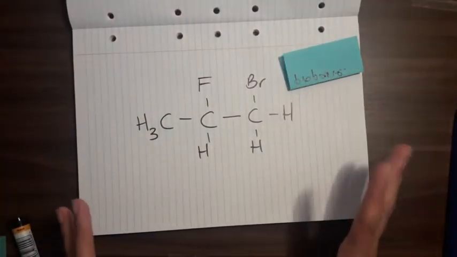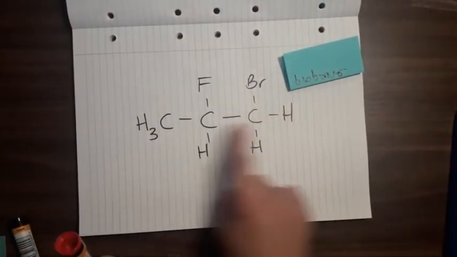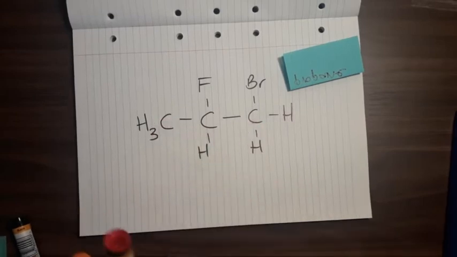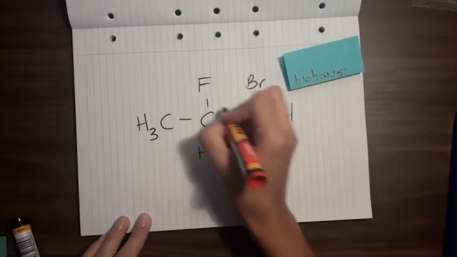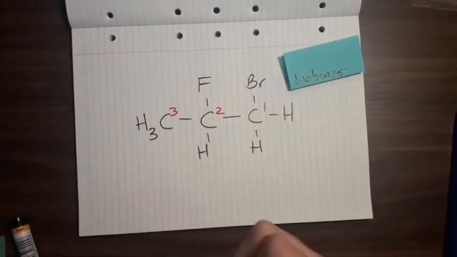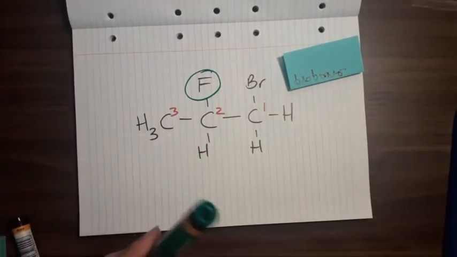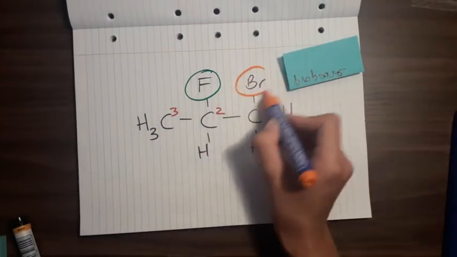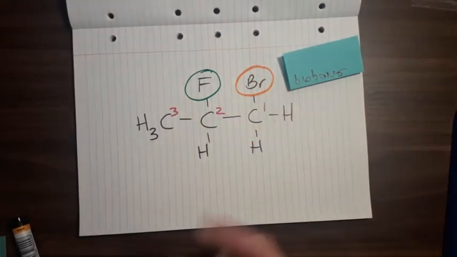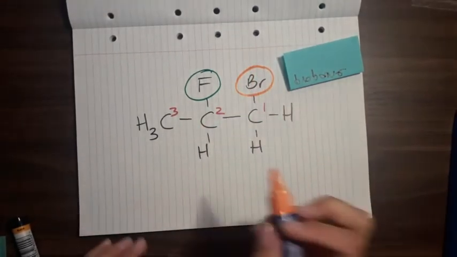Here we've got the same situation. We've got 1, 2, 3 carbons in a chain. I'm going to number them so that these side groups get the lowest numbers. We've got a fluorine and a bromine on some sort of propane parent chain. So B comes first in the alphabet.